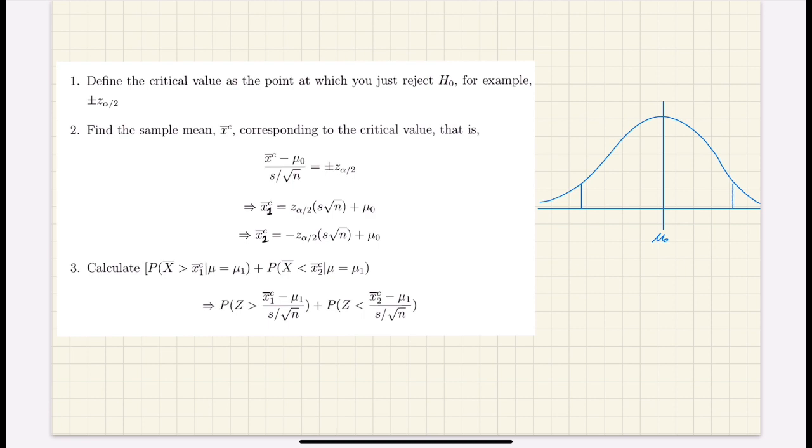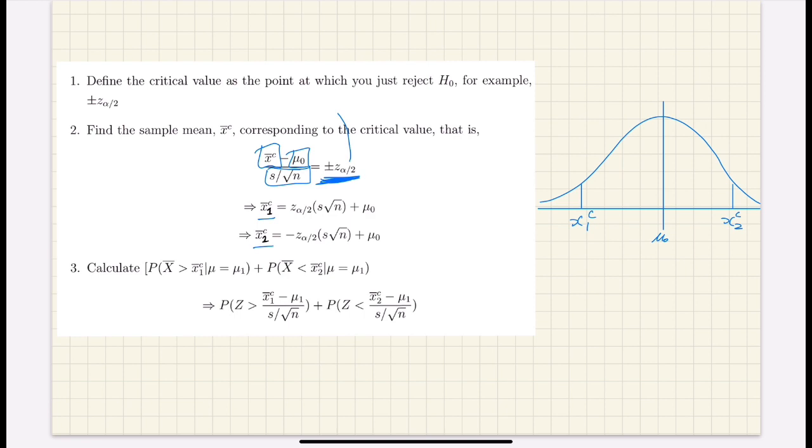So yeah, these 2 values, and this is the critical value that you get from the first part, and you have here the standard error and here the mean, and this is the value that you want to find. And they will be 2. One is x1c and one is x2c, and they will be respectively here and here.